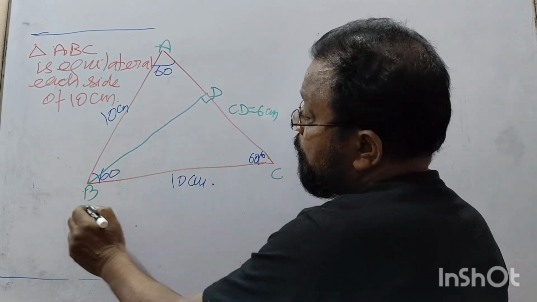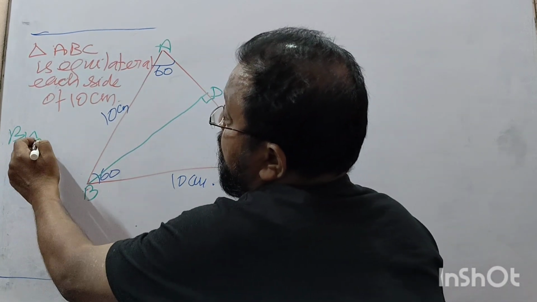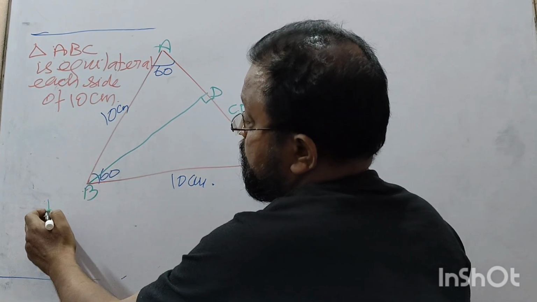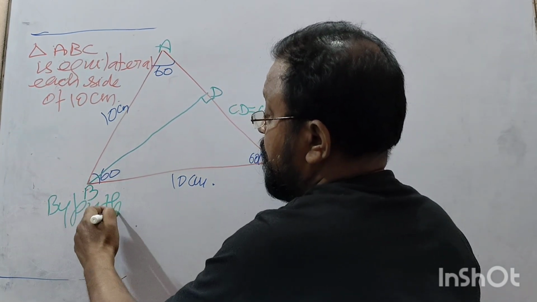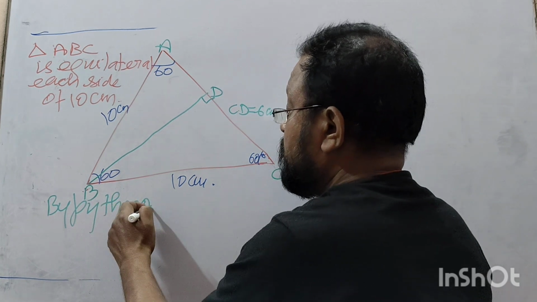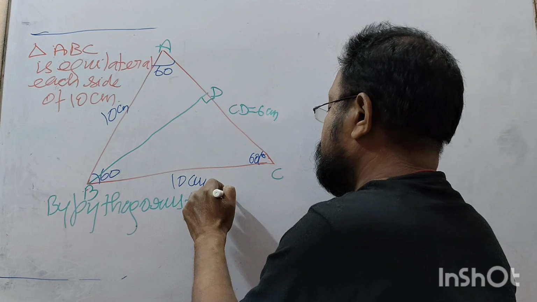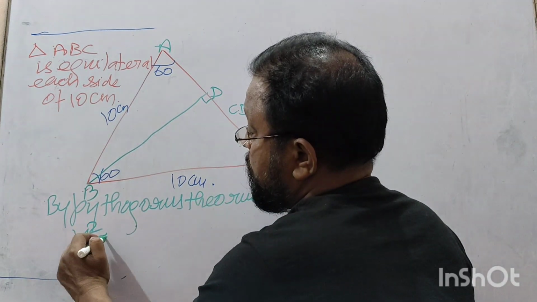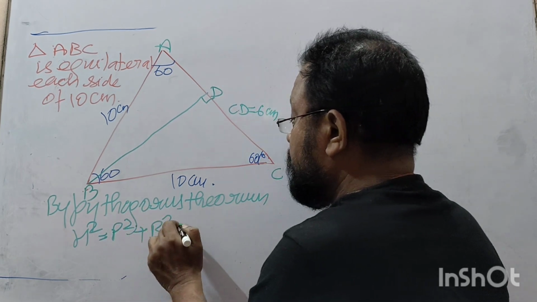So by Pythagoras theorem, hypotenuse square is equal to perpendicular square plus base square.